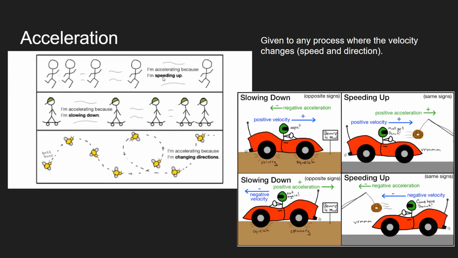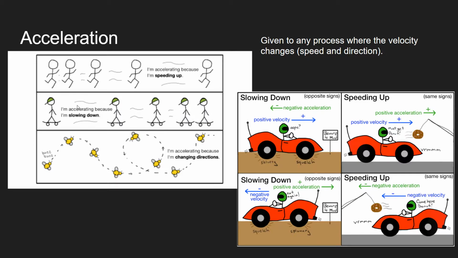Here are some examples. This person is accelerating because he is speeding up. He's still going the same direction, but he's moving in that direction much quicker. So there, the acceleration is going up. What about this? Here he's slowing down. So is his acceleration changing?